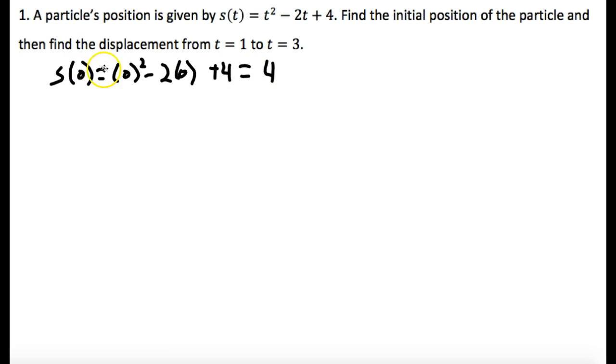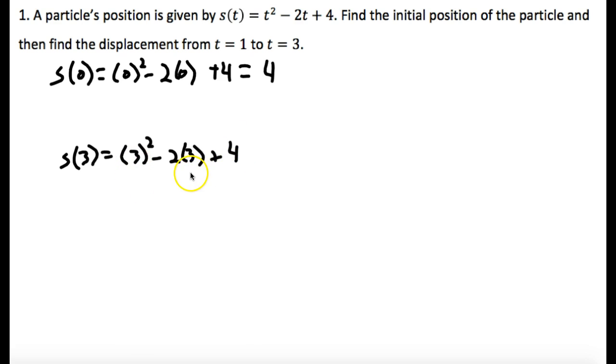But now this says find the displacement from t equals 1 to t equals 3. So what that's saying is, in the second part of the question, I'm starting at 1 and ending at 3. So I want to evaluate those two. So s of 3, 3 squared minus 2 times 3 plus 4.